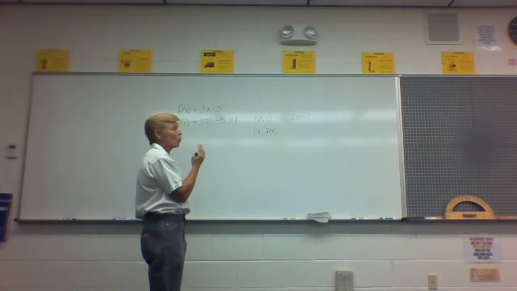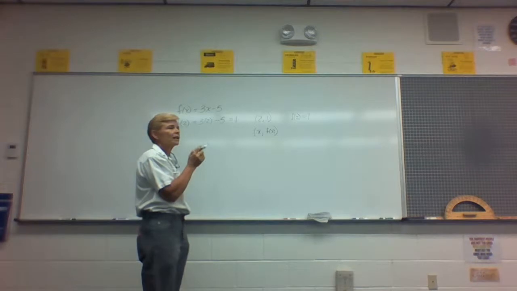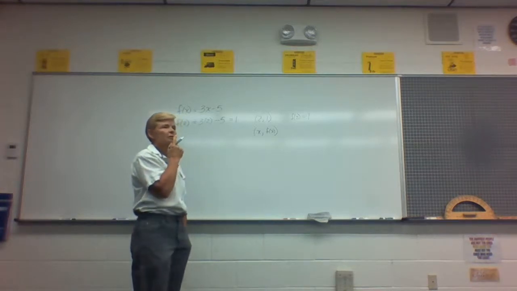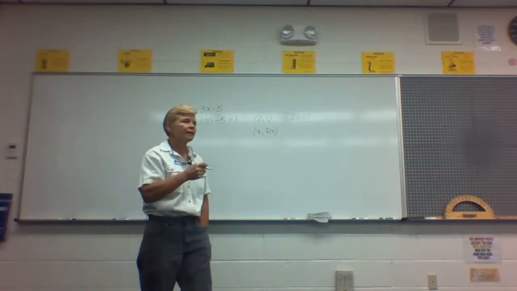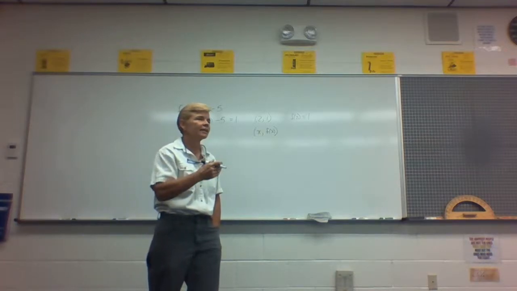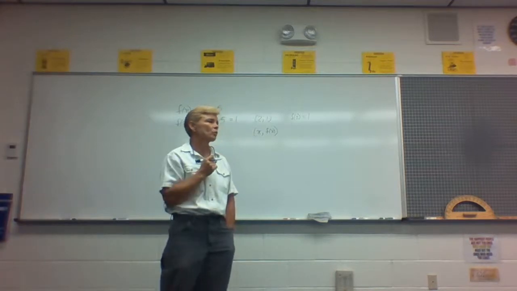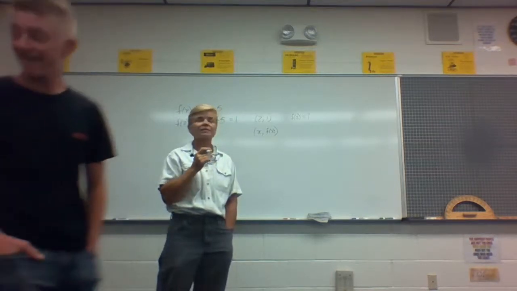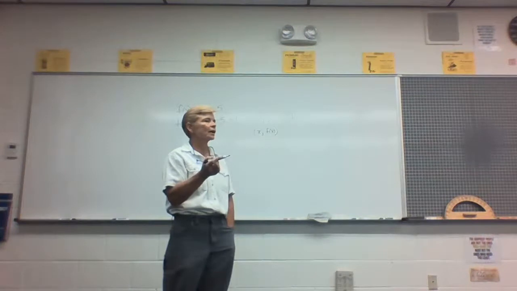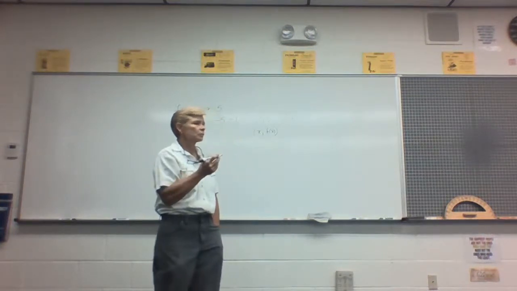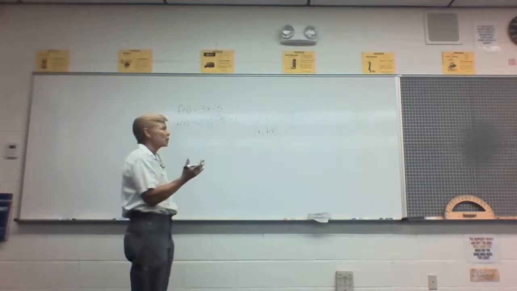Why do we know that any number I plug in will have a y value? I'll get you started. Because the domain of a line is all real numbers, which means any x I choose will work. So that's the math lingo that verifies, yes, it'll work, because the domain is all real numbers for this function. So anything I plug in will work.